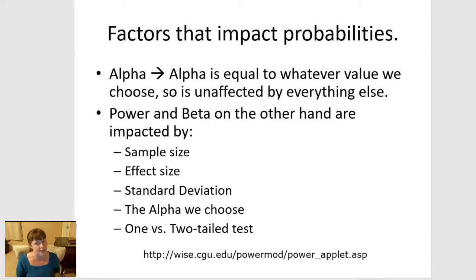So if you can safely theoretically argue that only looking in one direction for the effect is reasonable, well, then maybe you might want to do a one-tailed test. Most behavioral scientists don't do them, but they are somewhat more common in the medical sciences, just so you know. A one-tailed test is in fact more powerful than a two-tailed test. And more power means less beta.